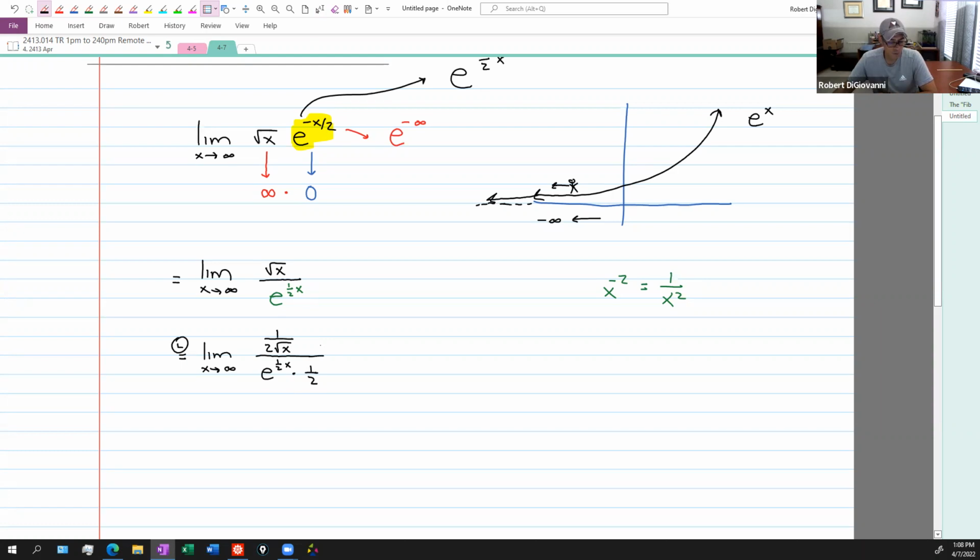Now, this looks weird, but let's just try real quick to see what happens if we let x go to infinity. Notice on the top right here, if x goes to infinity, you have 1 over infinity. 1 over infinity goes to 0, right? Something fixed on top, the bottom gets big, that thing gets small. So this heads to 0. And then on the bottom, what's happening?